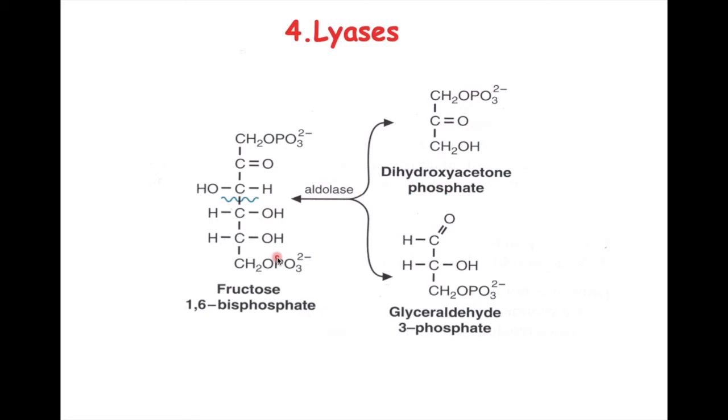The fructose 1,6 bisphosphate is a 6 carbon compound. Aldolase breaks this 6 carbon compound into two 3 carbon compounds, dihydroxyacetone phosphate and glyceraldehyde 3 phosphate.